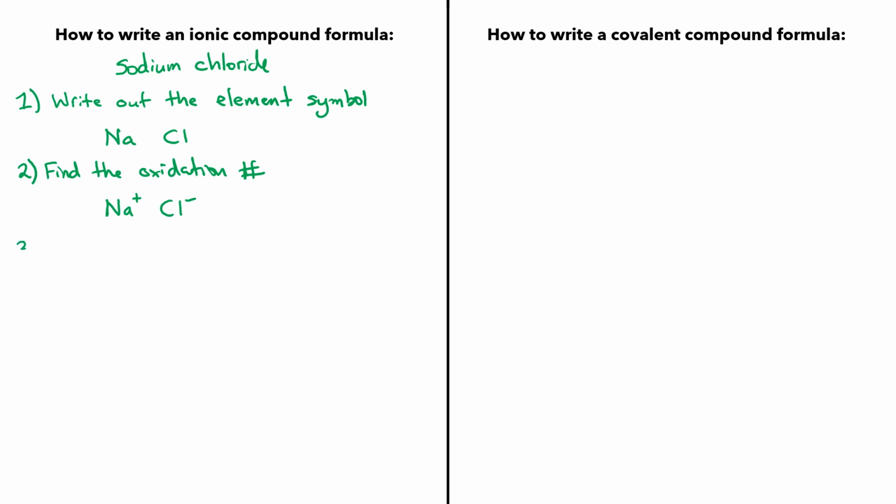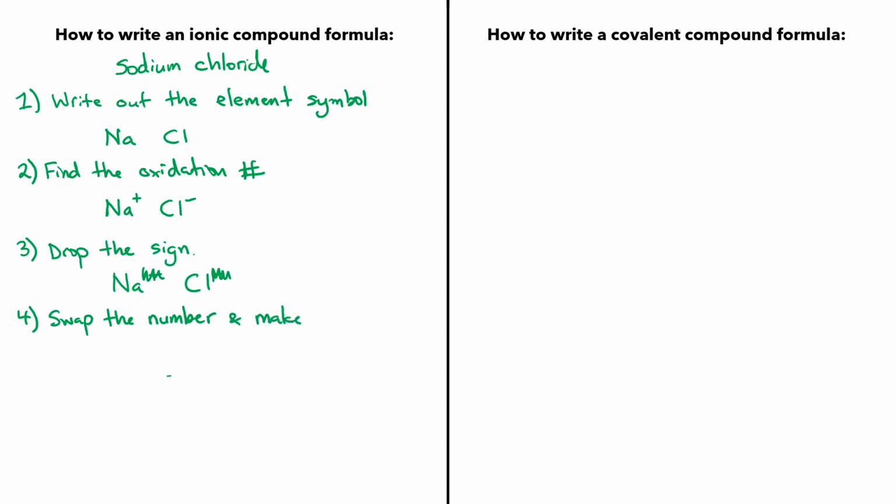Step 3, drop the sign. Now Na plus, Cl minus, I just scribble it out. Step 4, swap the numbers and make them subscripts.